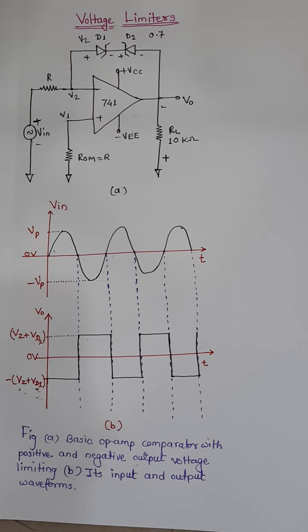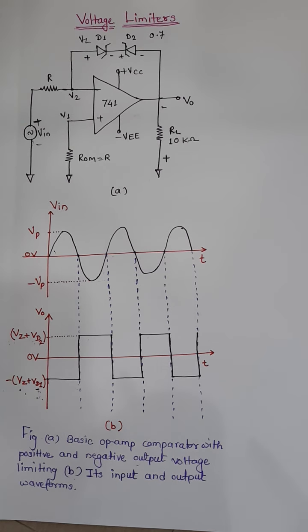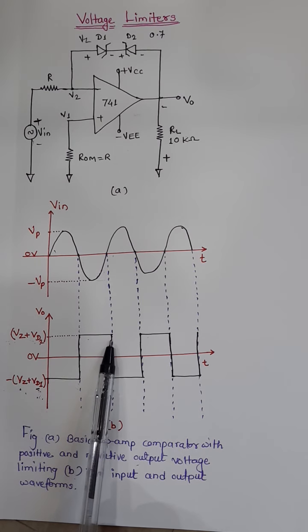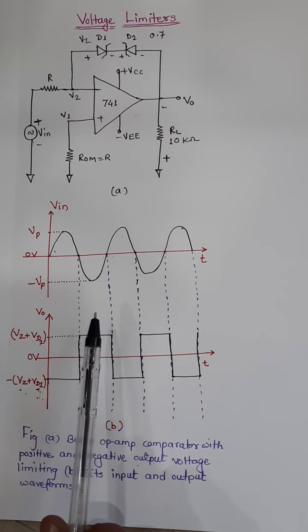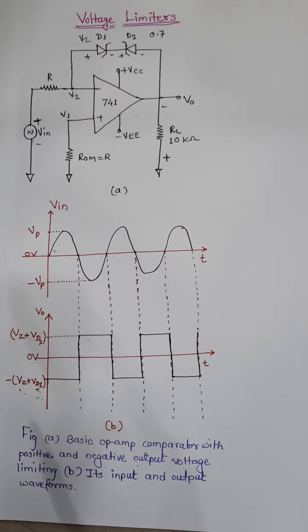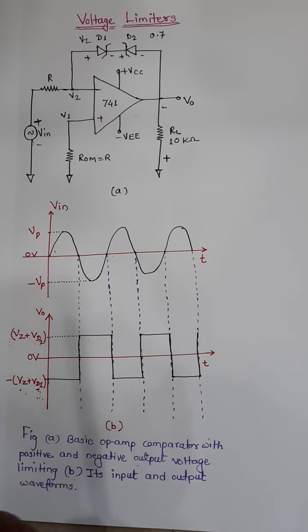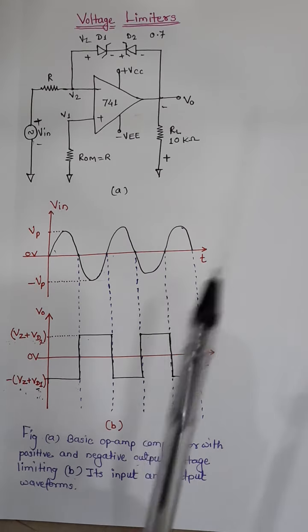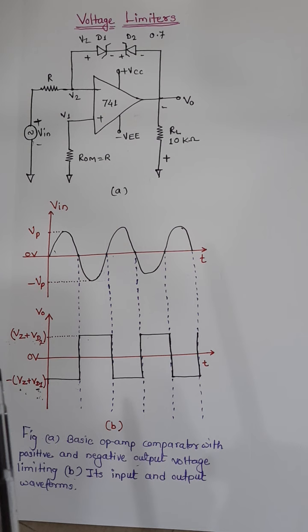The first case we consider is when we want to limit the output voltage swing to the positive direction only. Then we make a combination: one of the diodes is a Zener diode, and the other, D2, acts as a simple diode. So we can go for a combination of a Zener diode and a rectifier diode.